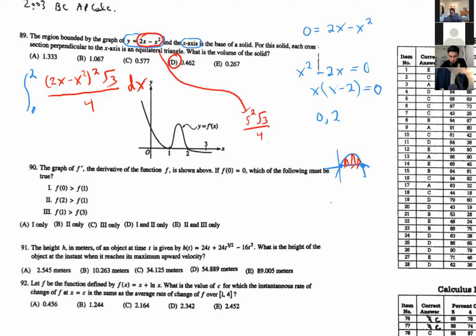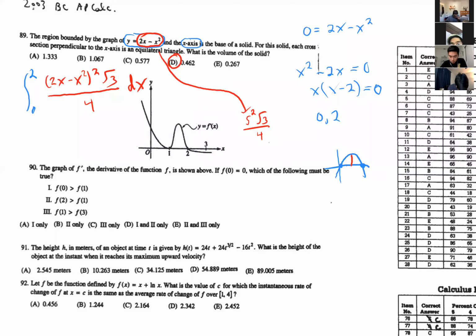Mr. Morrison, how do you know the y coordinate represents the side length of a triangle and not the actual height of an equilateral triangle? I probably should have drawn it a little better. If it's perpendicular to the x-axis, one of the sides is going to be the y coordinate, and then the triangle is going to come off the screen from there.